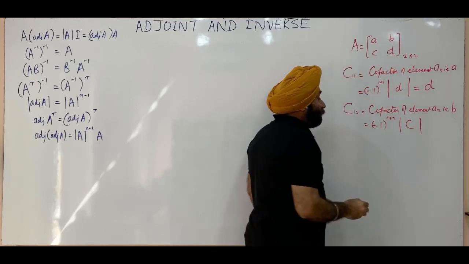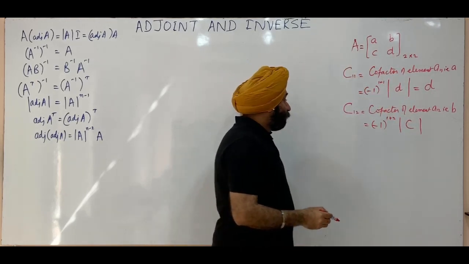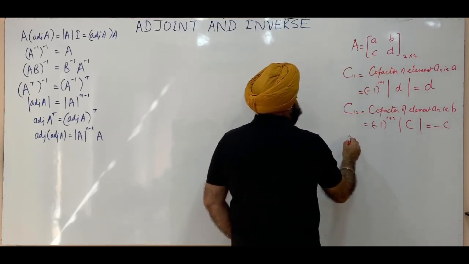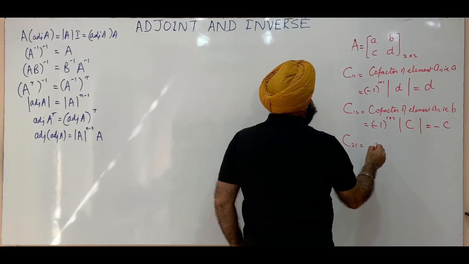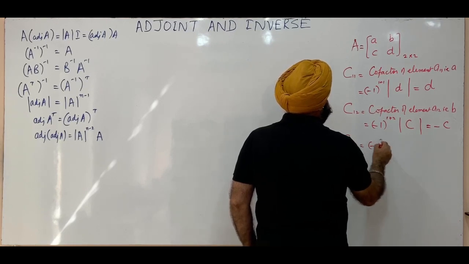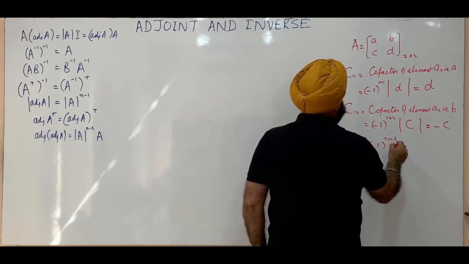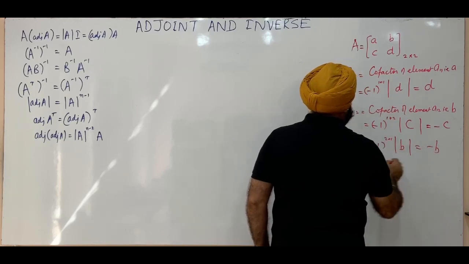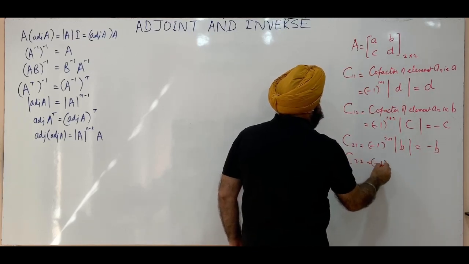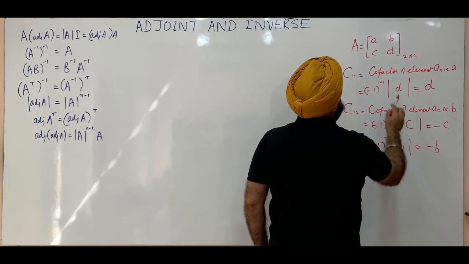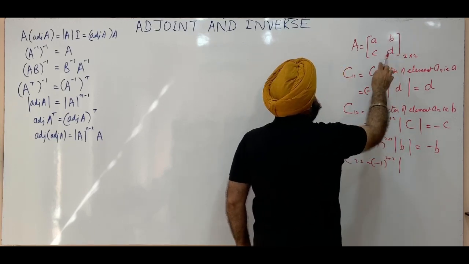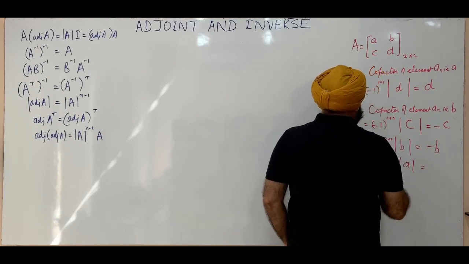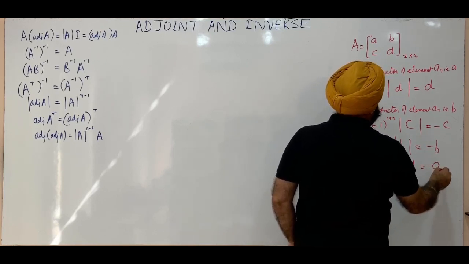Whatever is left, that is c, the determinant of c. So this is minus c. This is next minus 1 raised to 2 plus 1 into the determinant of b. So this is minus b. And minus 1 raised to 2 plus 2. Leave this row and this column, the determinant of a. So minus 1 raised to 4 is plus 1, so this is a.